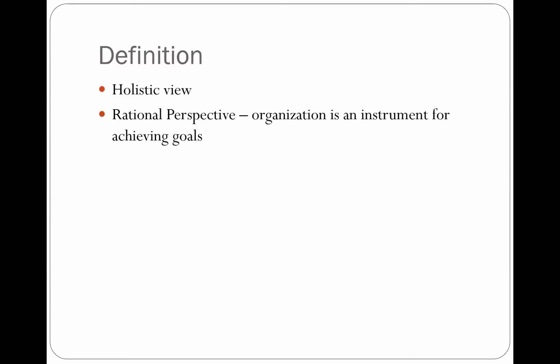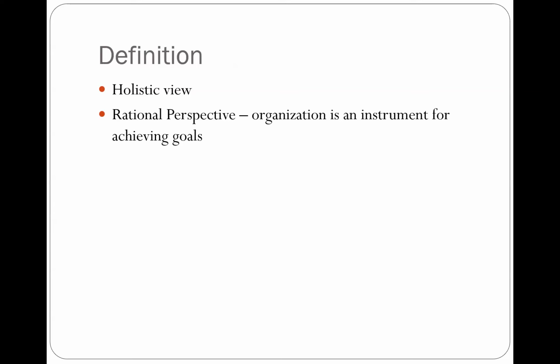We really weren't thinking a lot about the role that organization plays in the bigger scheme of things and where it fits within the larger environment. Systems theory asks that question. It's a much more holistic way of looking at organizations.